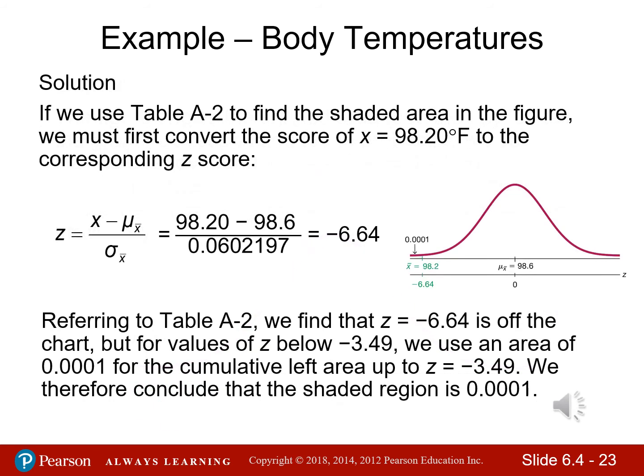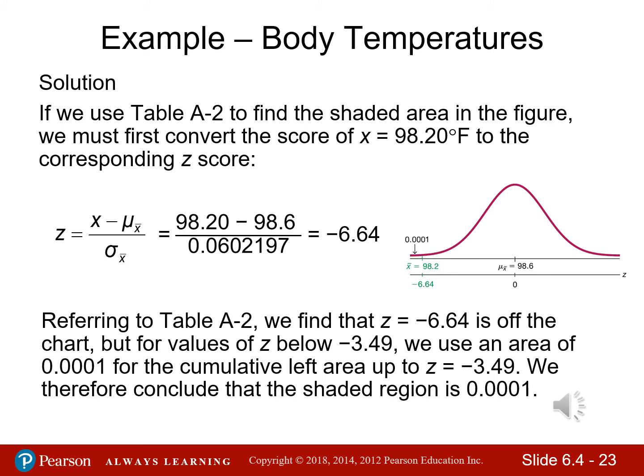If we use table A2 to find the shaded area in our figure, we must first convert our value of x equal to 98.2 to the corresponding z-score. And that z-score is equal to 98.2 minus 98.6, divided by 0.0602197, which is equal to negative 6.64.